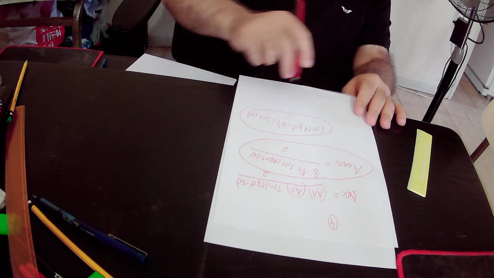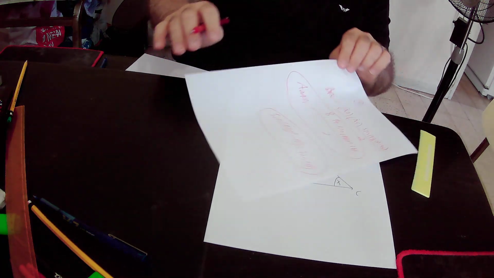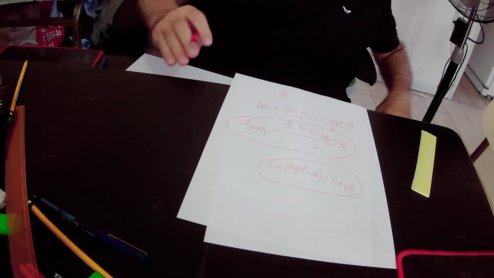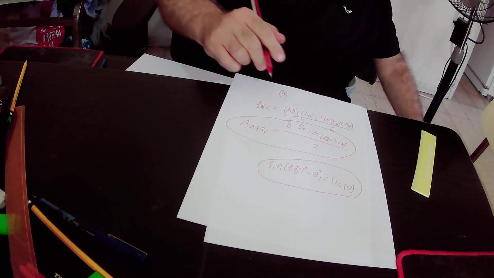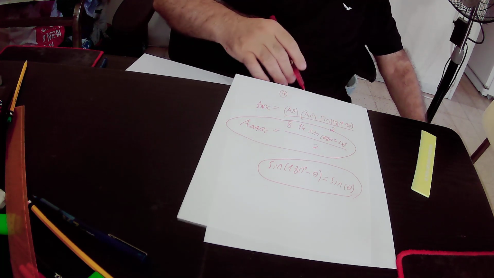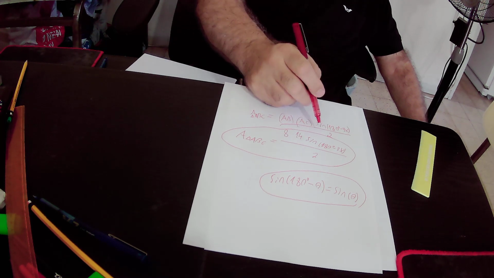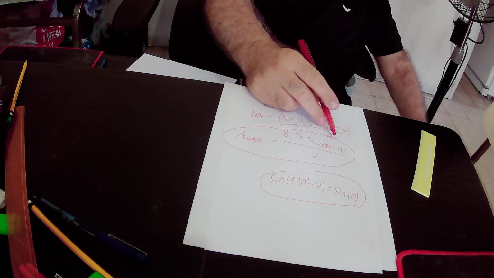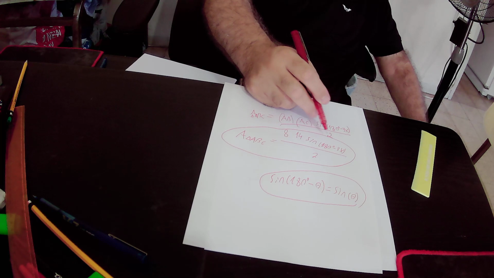So according to this identity, sinus 180 degrees minus 3x will be equal to sinus 3x.